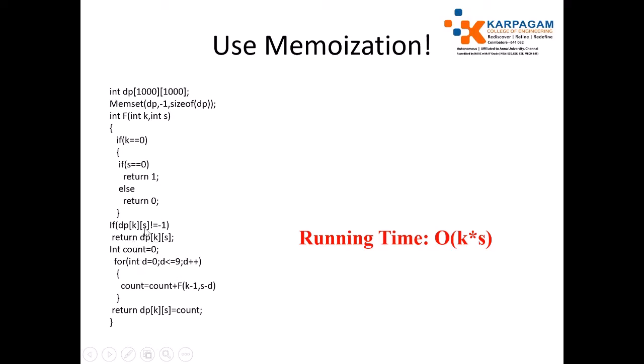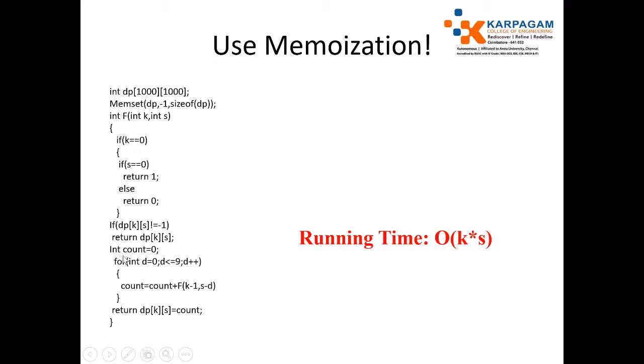If it is not equal to minus 1, we have already computed that value, f of k comma s, so just return the value. Otherwise, we didn't calculate it, so we use the basic approach by recursing.